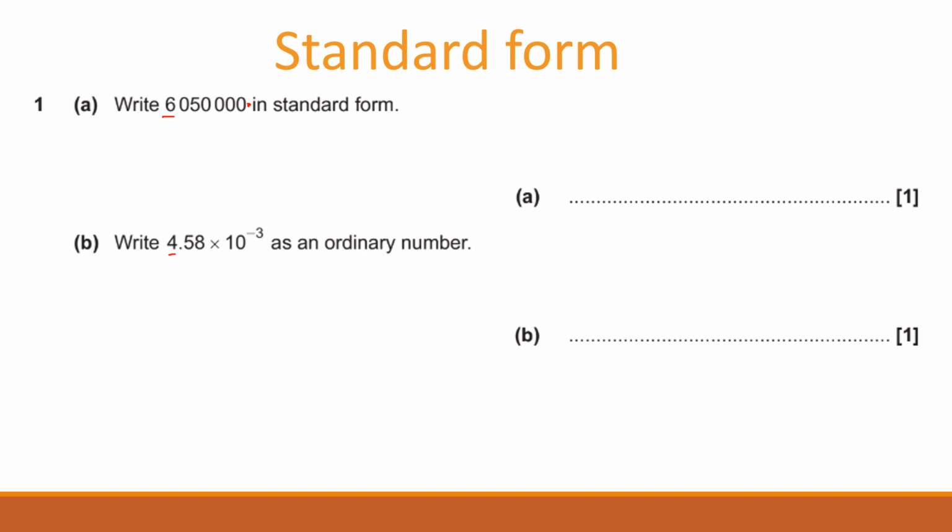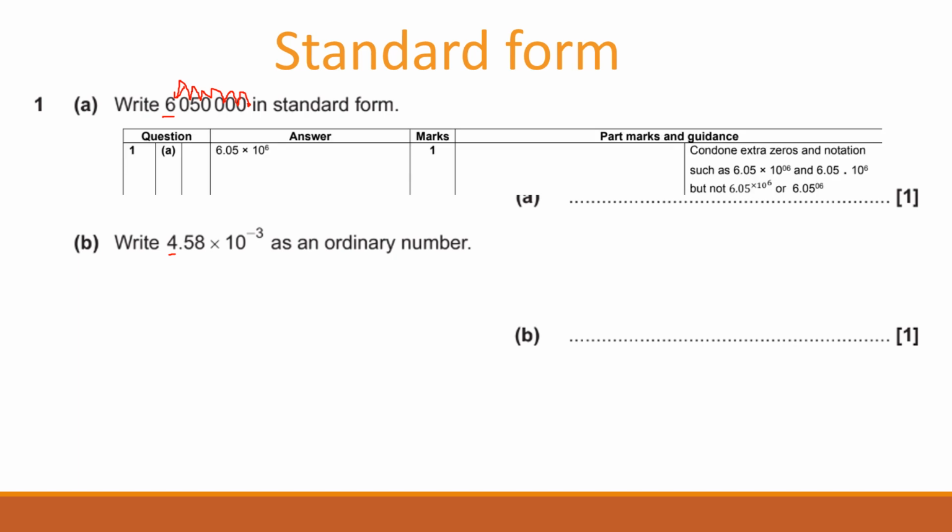So we're going to count: 1, 2, 3, 4, 5, 6. So the new decimal point is going to come between the 6 and the 0, and we write that as 6.05 times 10 to the power of 6, because we counted 6 times to move the decimal point.